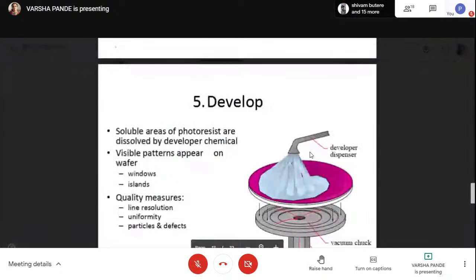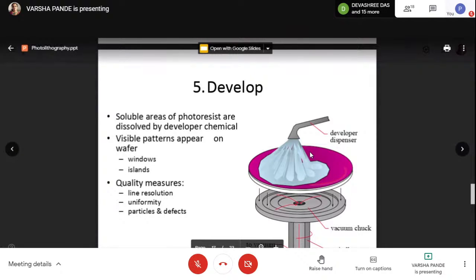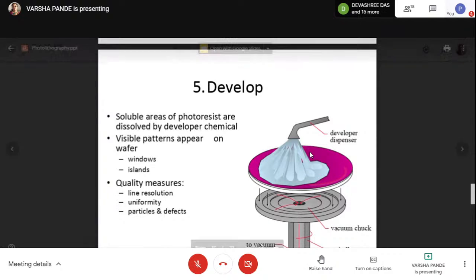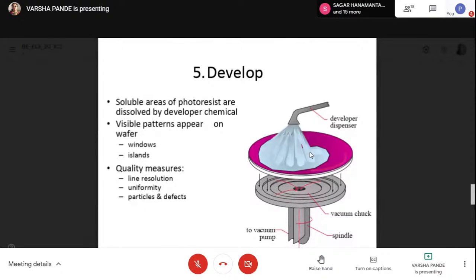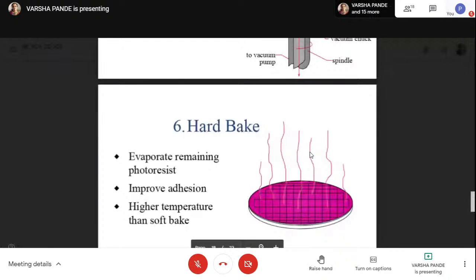Then next is develop. Develop means: after alignment and exposure, some part of the photoresist will become hard and some part will become weak. That weak part we have to remove, and the develop operation is used for that. Here the soluble areas of photoresist are dissolved by the developer chemical, meaning they are removed away. Then hard bake, which I already told you about.